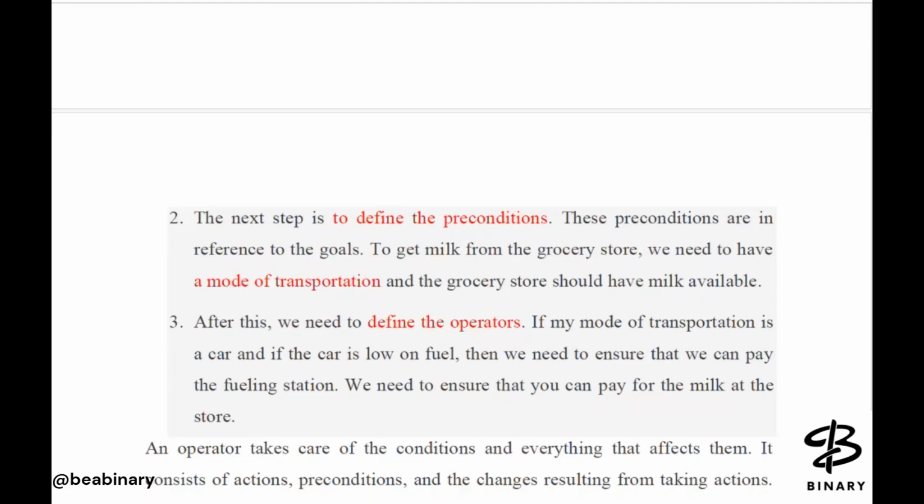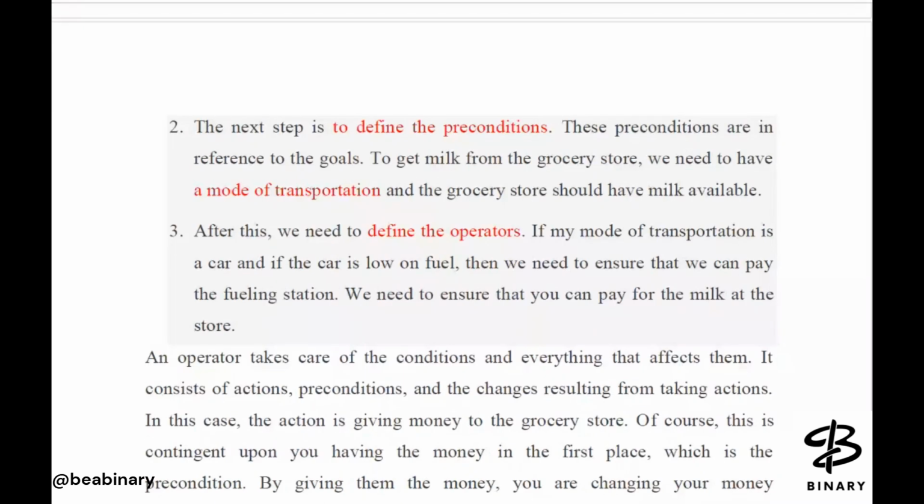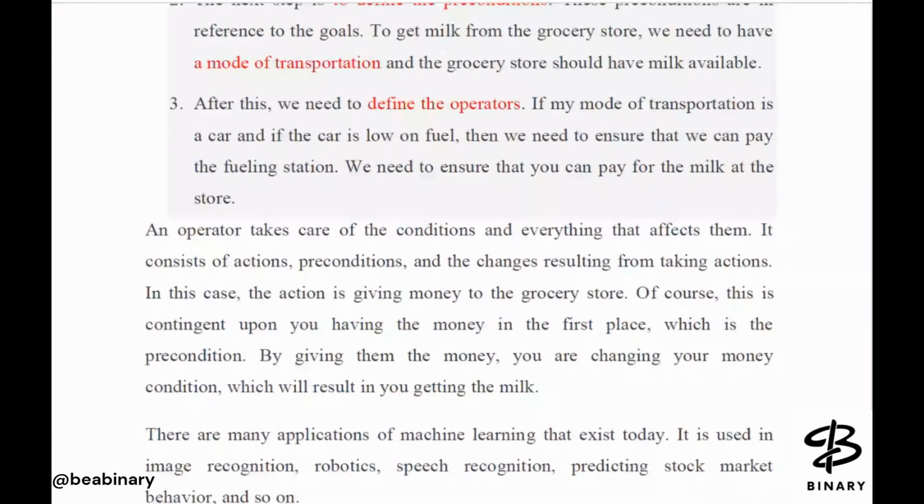We also need to ensure that you can pay for the milk at the store. An operator takes care of the conditions. In a programming language, an operator performs operations on particular operands based on a particular condition. So an operator takes care of the conditions and everything that affects them. It consists of actions, preconditions, and the changes resulting from taking the action.